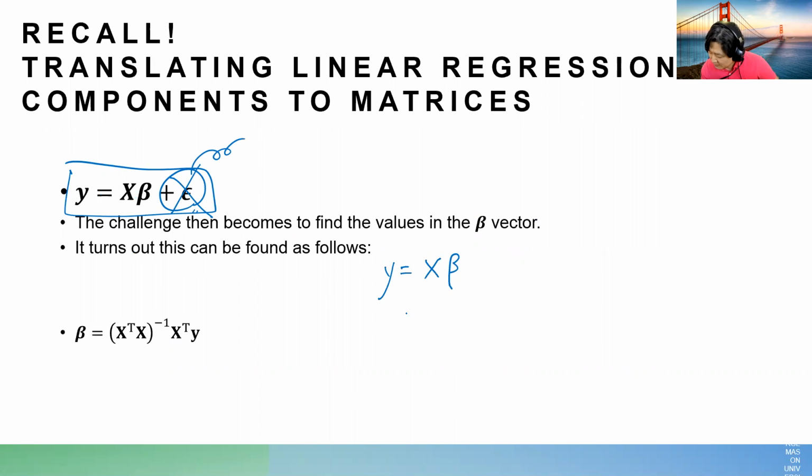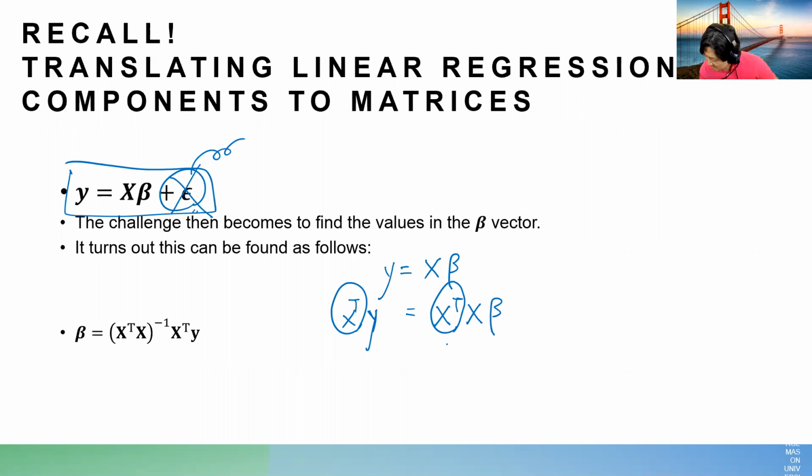So I'm going to show you. You don't have to memorize this one, but if you multiply X transpose times X on both sides, the relationship will not be changed, because I multiply the same thing left and right. Is that correct?